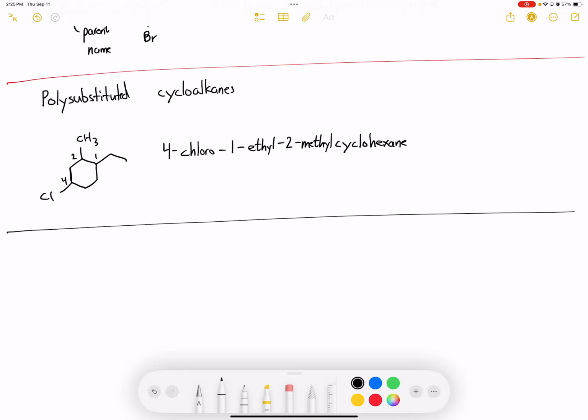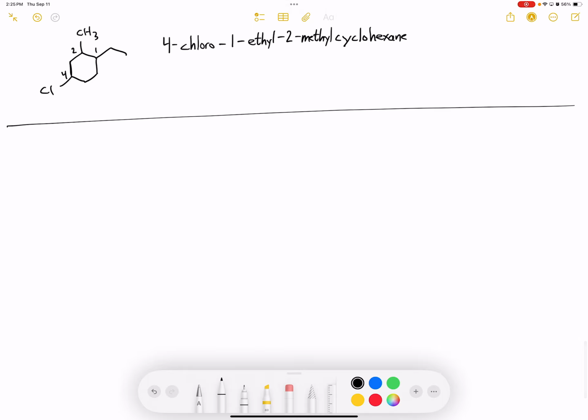All right, we have cis and trans isomers in cycloalkanes.